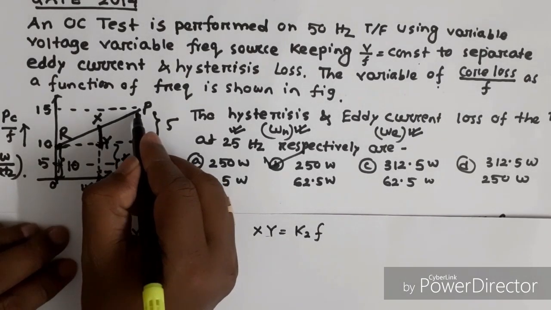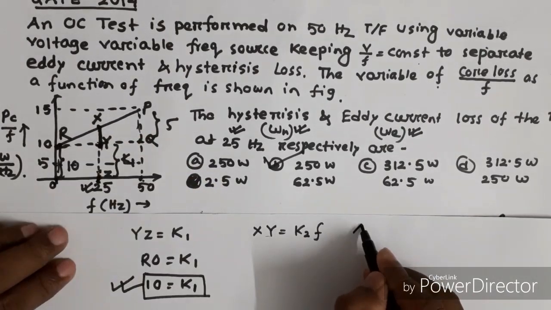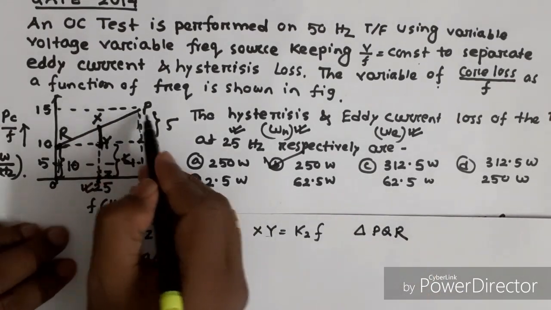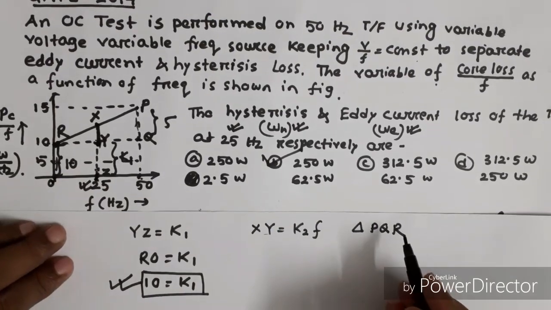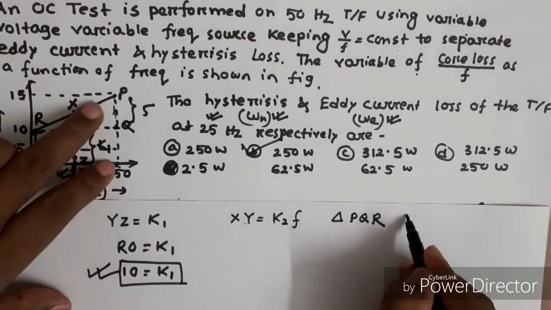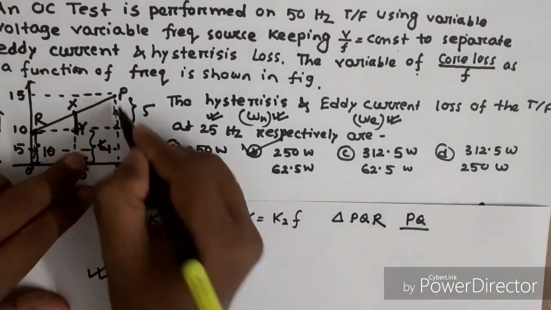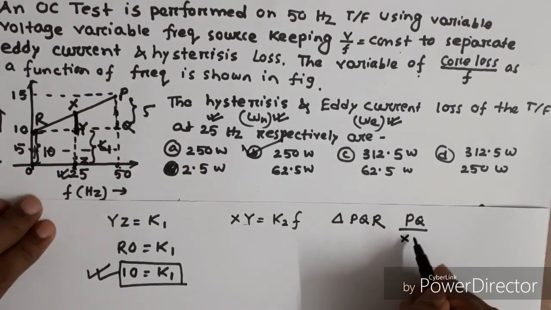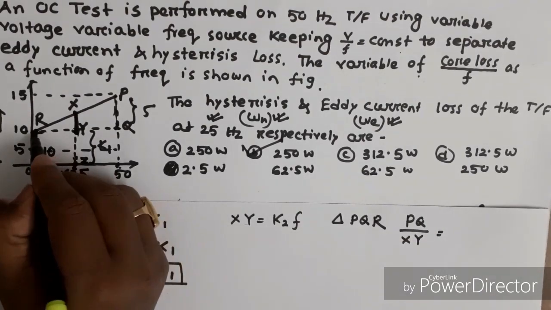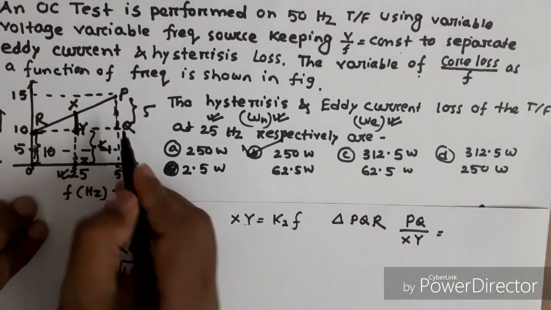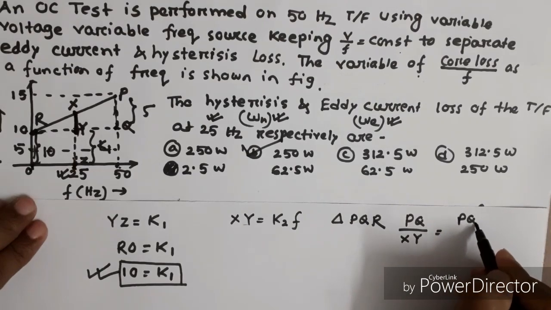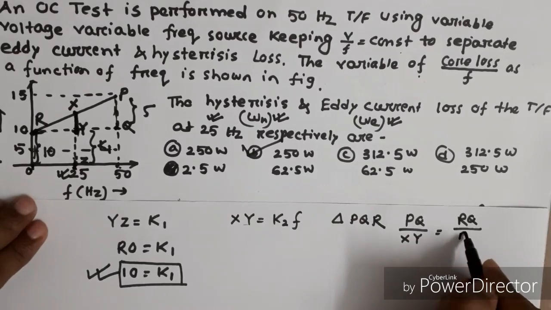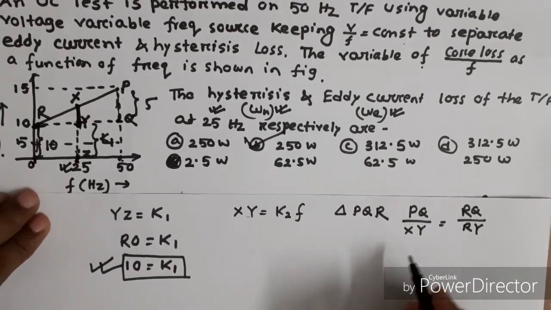Now, from this triangle PQR, I can write PQ by XY equal to RQ by RY.